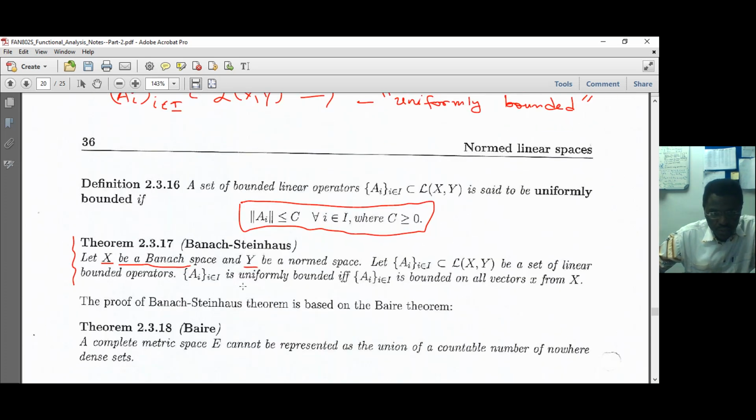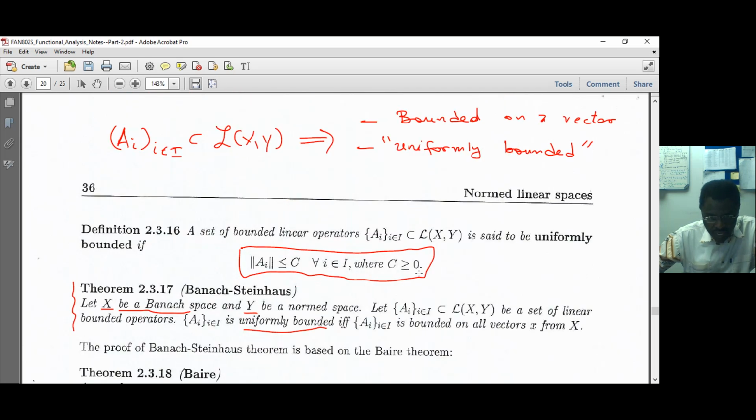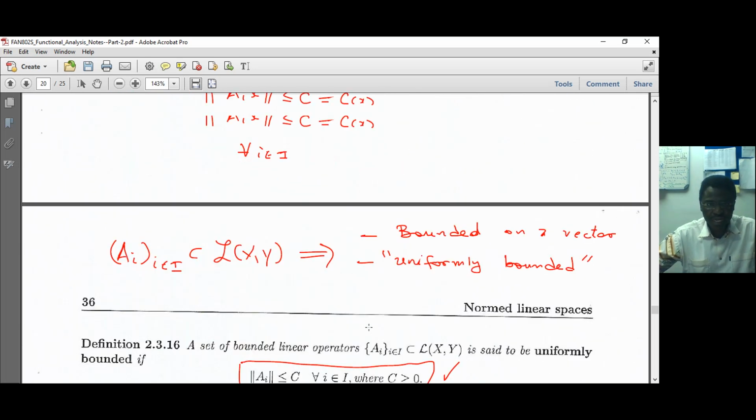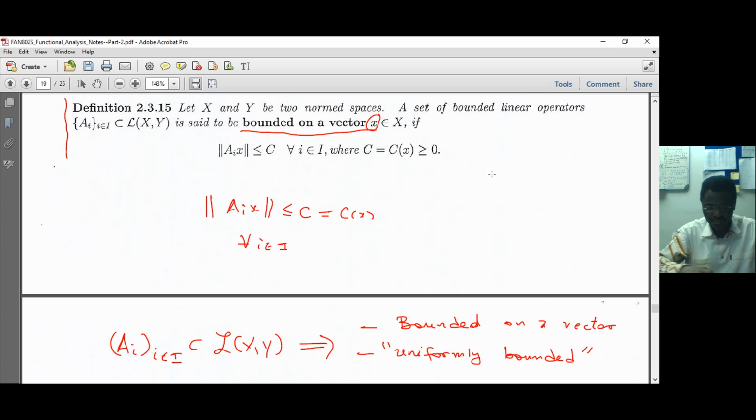The family will be uniformly bounded if and only if, if I want to prove that the family is uniformly bounded, it's enough for me to prove that it is bounded on all vectors x from X. So if I show that this is true for any x in capital X, this will imply that our family is uniformly bounded.